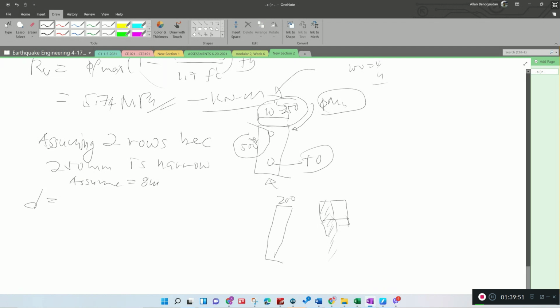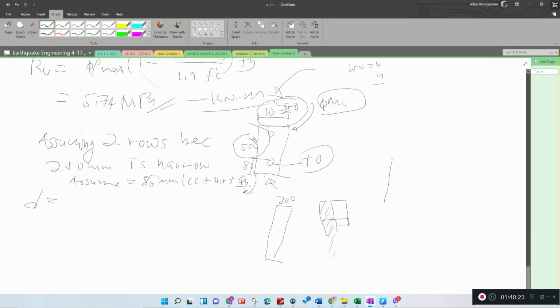Lagay mo lang ito, huwag mong kalimutan to kasi I do not consider 85 mm as the dimension for CC, concrete cover, plus the stirrup, plus half of the bar diameter. So 85. So saan nagagaling yun? Ito yun. Yung half of that, 85.